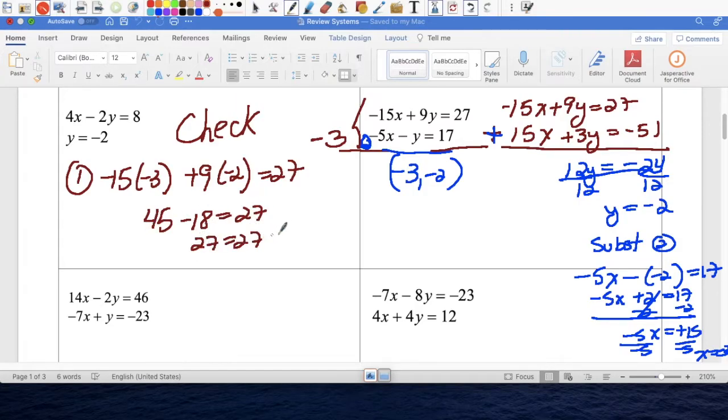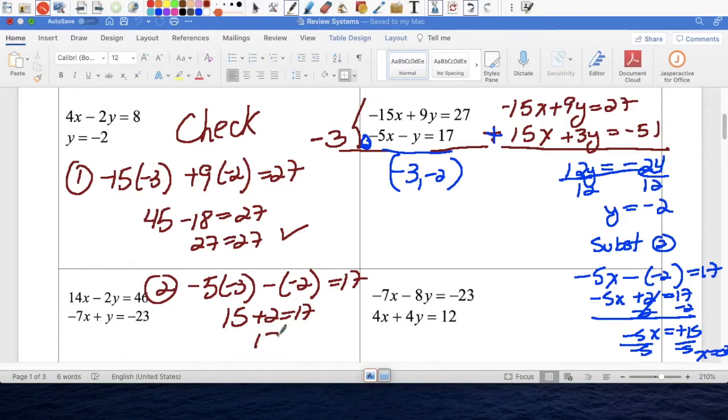So with equation 1, we're good. In equation 2, negative 5x minus y equals 17, so it's negative 5 times negative 3 minus, careful here, negative 2 equals 17. Let's see if that's true. Negatives are positive, so I get 15, and minus negative 2 is positive 2. In equation 2, both expressions equal each other. Okay.